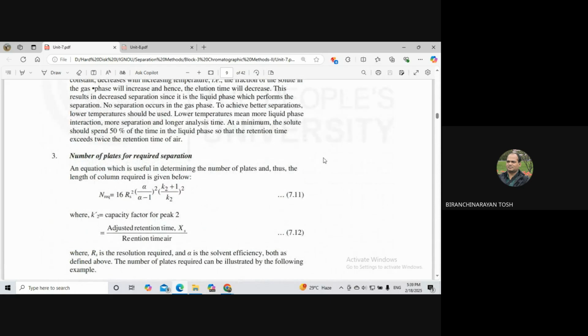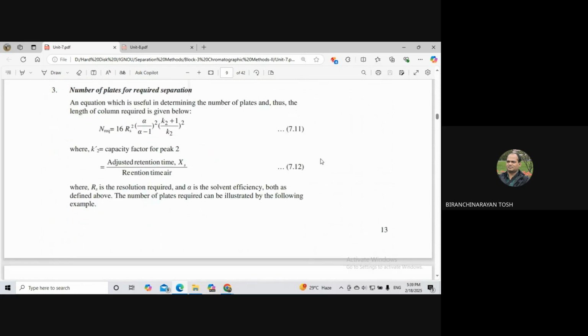The number of plates required for a separation: the equation that you already know, the number required equals 16 Rs square alpha by alpha minus 1 whole square, k2 plus 1 by k2 whole square, where k2 is the capacity factor for peak 2.